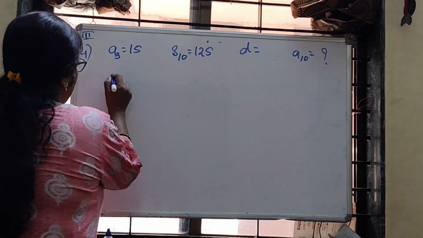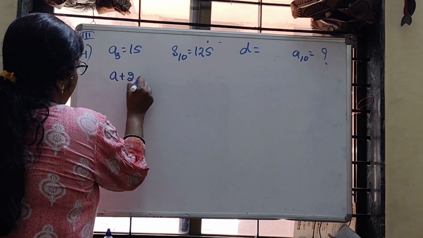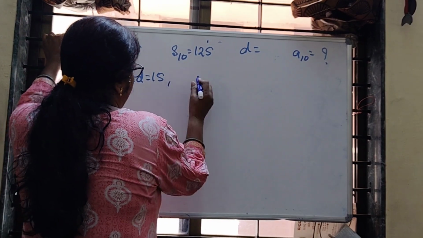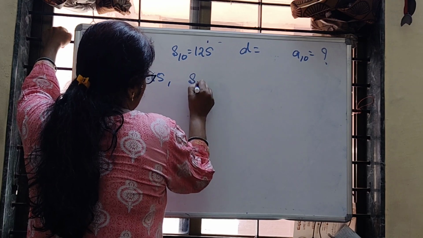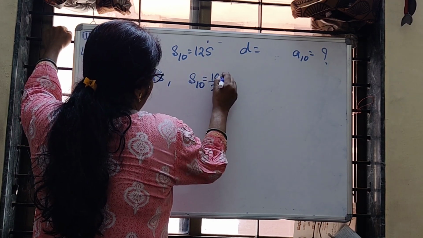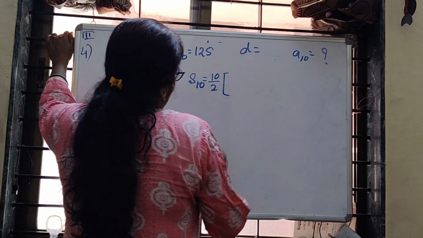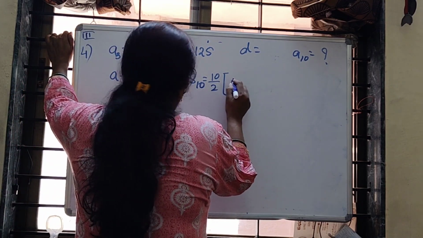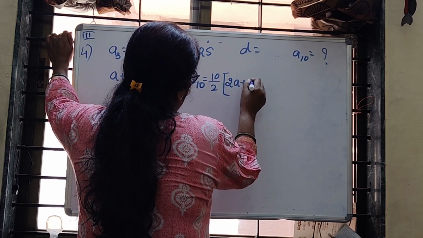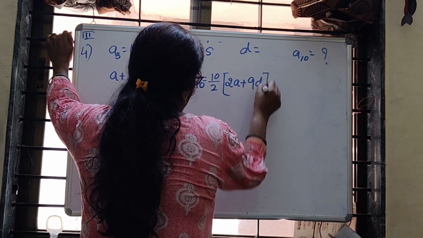So, a3 means a plus 2d is equal to 15. So, we will go with this now. S10 means S10 is equal to 10 by 2 into bracket 2a, we don't know a also. So, we will write 2a plus 9d.